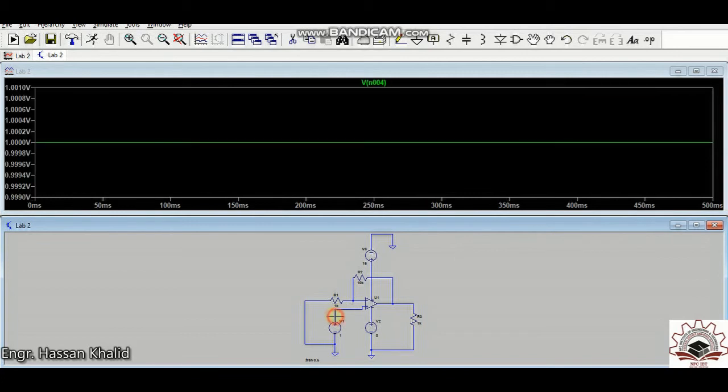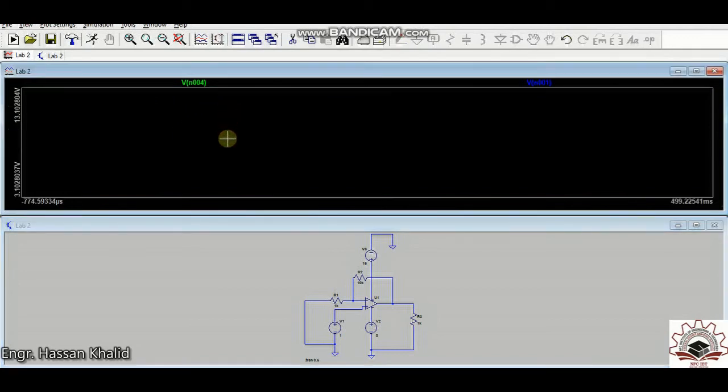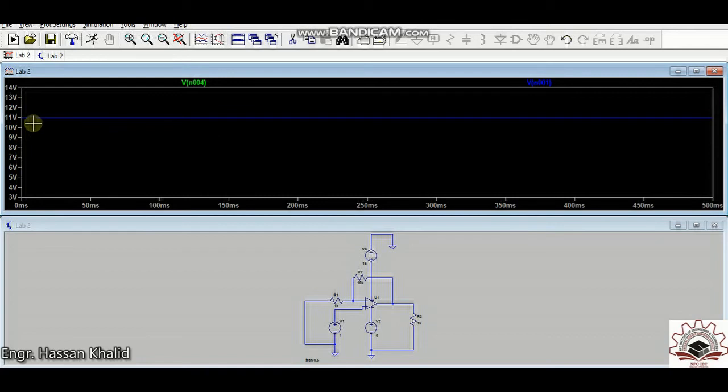This one is the input voltage, that is 1 volt, and according to our calculation the gain of the circuit is 11 and the input voltage is 1, so our output should be 11 volts. You can easily visualize that this is the output at the node VN001, which is 11 volt.